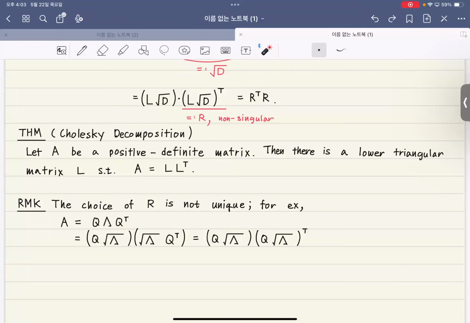Since A is positive definite, its eigenvalues are all positive, so taking the square root of this middle matrix lambda still makes sense, right? So Q times square root of lambda times square root of lambda times Q transpose, and you can write it like this. This is another way of getting your matrix R, satisfying such a factorization.